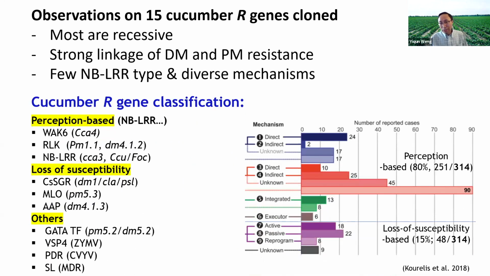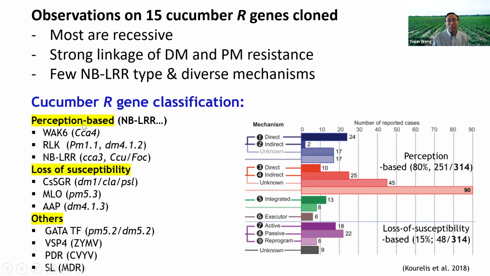Several years ago, there was a review of the R genes in plants. As of 2018, there were 314 R genes cloned from plants, which, based on the functions and the modes of interaction, could be classified into 9 classes.